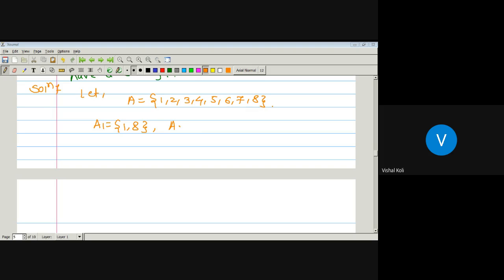Similarly set A2: if we take 2, then 7. Set A3: whenever we take 3, the corresponding element will be 6, and A4 is 4 and 5. Next is 6, but 6 and 3 is already there, and there is no integer other than 3 having sum with 6 equal to 9.